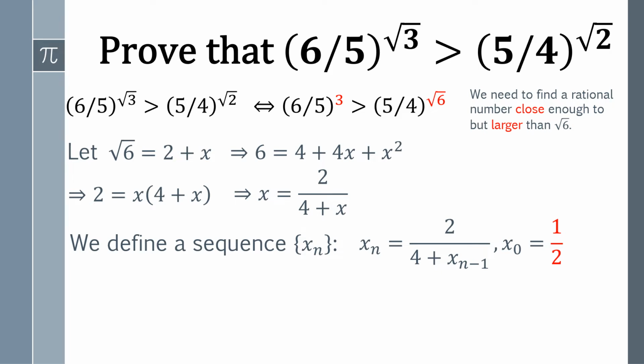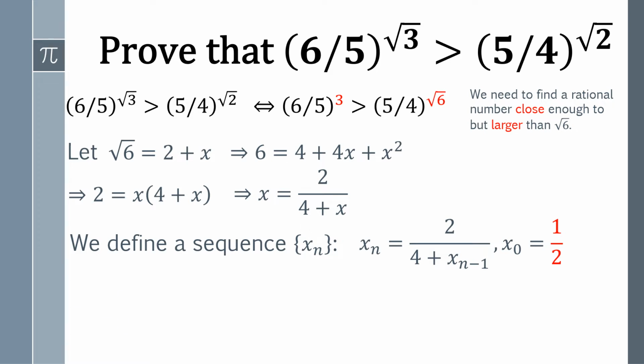We then define a number sequence xn in which xn is equal to 2 over 4 plus xn−1, and we set x0 as 1/2 here, because √6 is not close to 2.